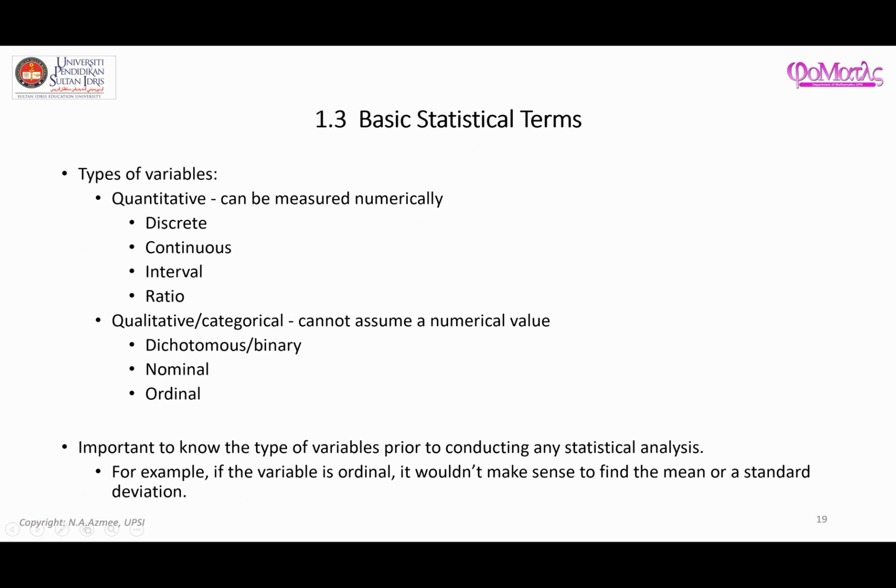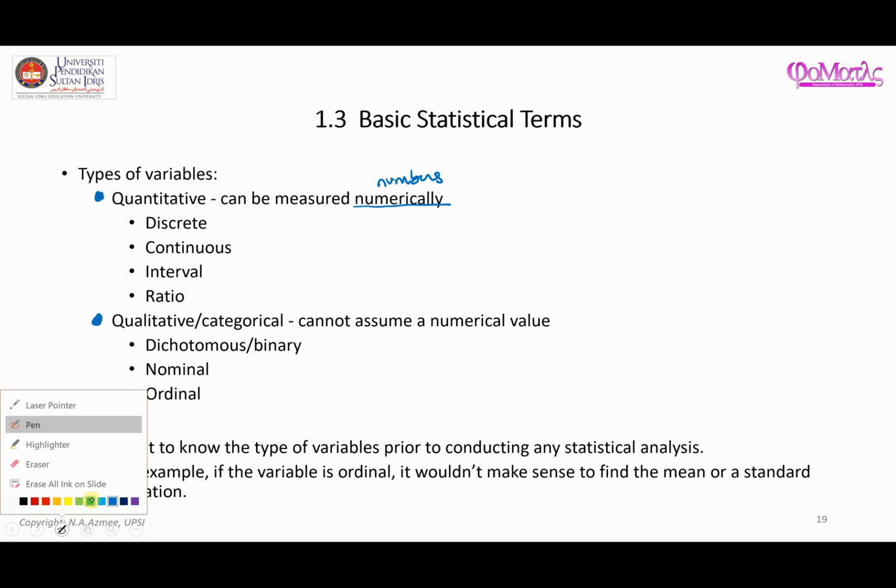Alright, so the types of variables can be broadly categorized as quantitative and qualitative. The quantitative variable can be measured numerically, so it has numbers attached to it. There are 4 types.